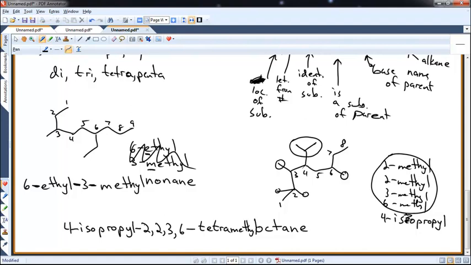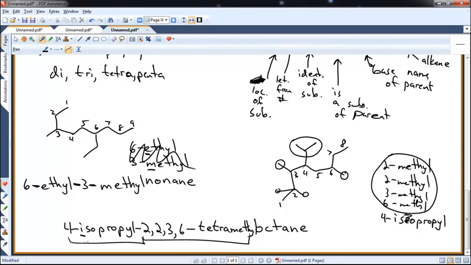So now I have a comment I need to make. When we're talking about alphabetization, how come the name is 4-isopropyl-2,2,3,6-tetramethyl octane instead of 2,2,3,6-tetramethyl-4-isopropyl octane? How come I don't switch this with this? The reason is we're doing alphabetization.